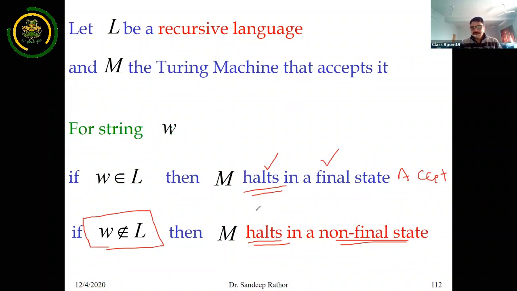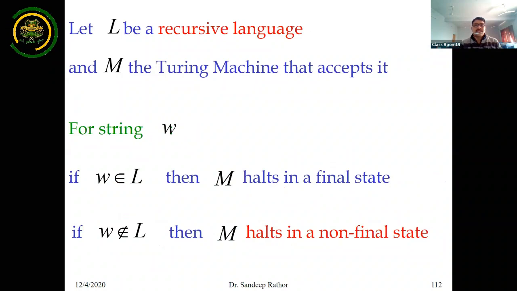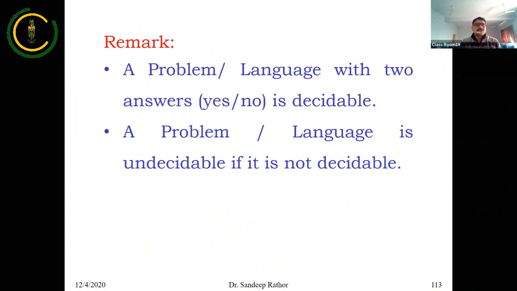Is this definition of recursive language clear or not? If you have any doubt, then please let me know. Clear? Now I want to move towards the remark. The remark is: a problem or language with two answers, yes or no, is decidable.